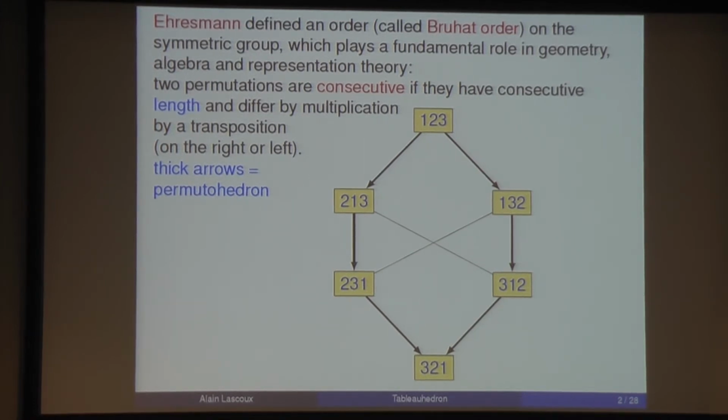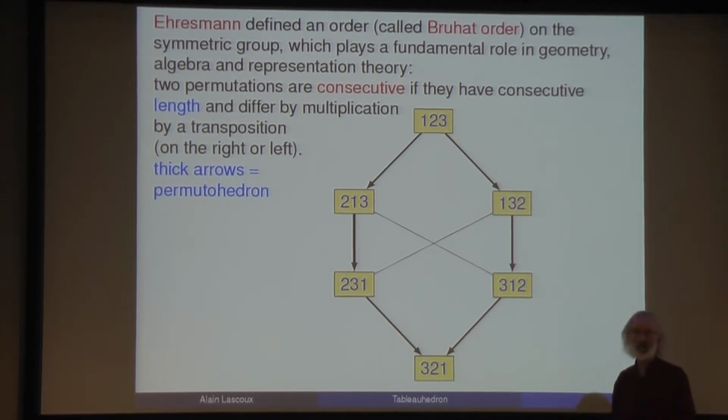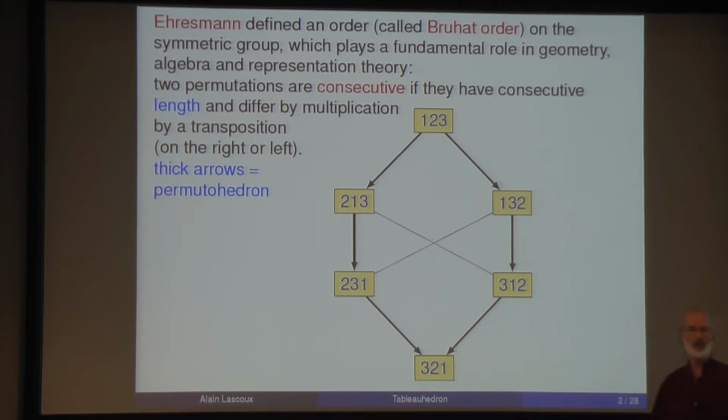That's to say, you put an edge every time that the permutations differ by multiplication by a transposition, on the right or on the left, it's the same, but the transposition is no more a simple transposition. And so the level increases by 1, or decreases by 1. Okay, this is the Bruhat order.